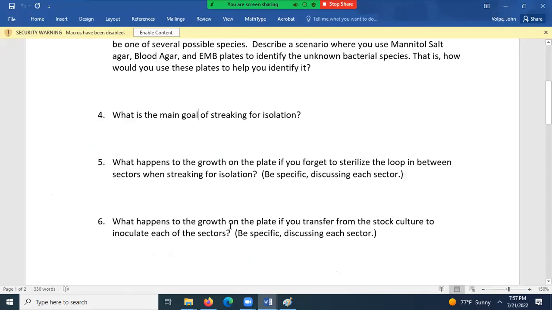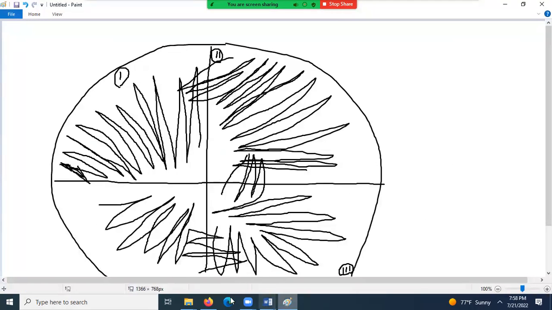6, what happens to the growth on the plate if you transfer from the stock culture to inoculate each of the sectors? So here, sector 1 is always obtained from going into the stock culture. Let me see if I can draw that. So this is our stock.